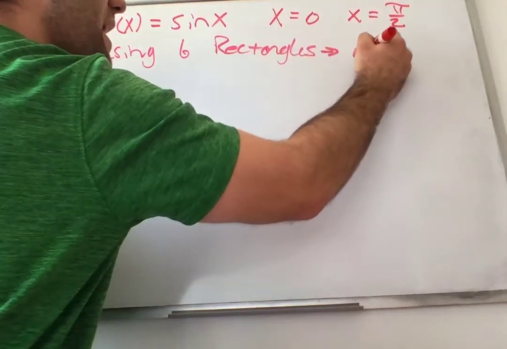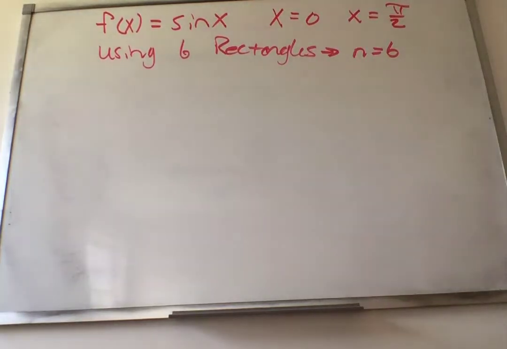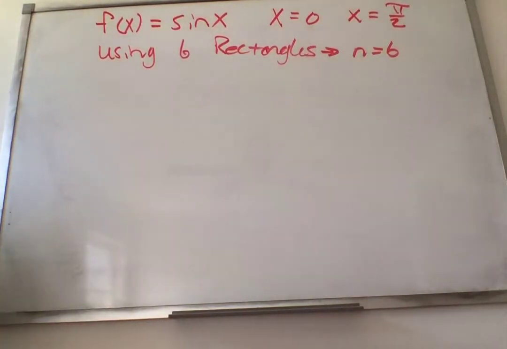So that means n is equal to 6 here. Okay? Now, we're going to go through and do the right endpoint, left endpoint, and midpoint method of finding these areas. And we're going to compare all of the values and see approximately what the answer is.